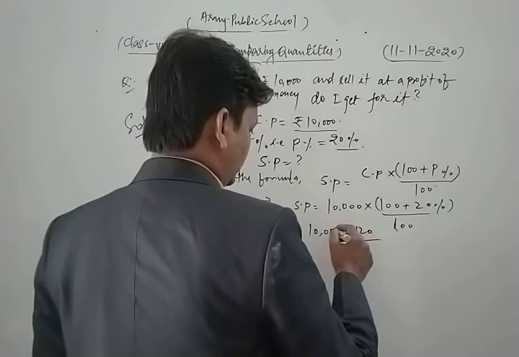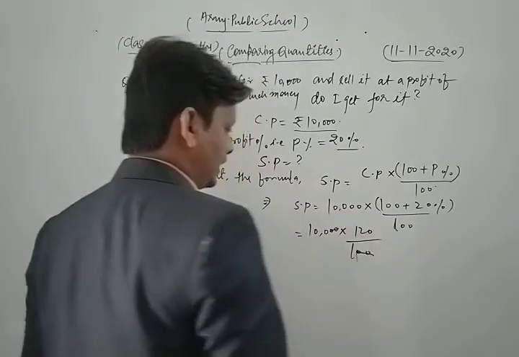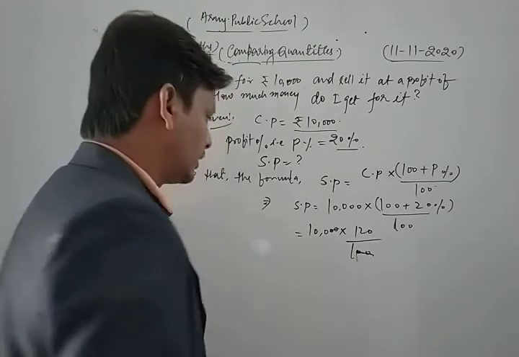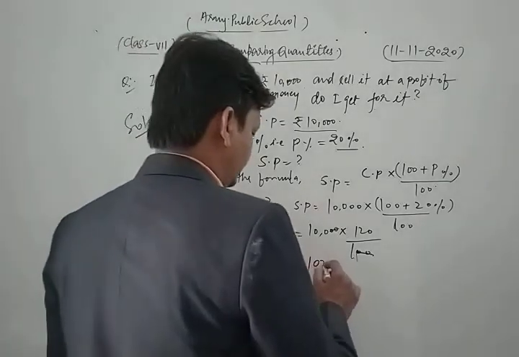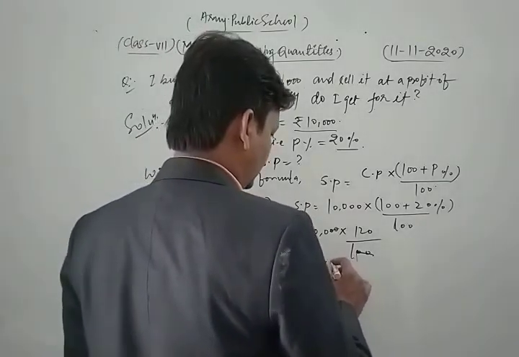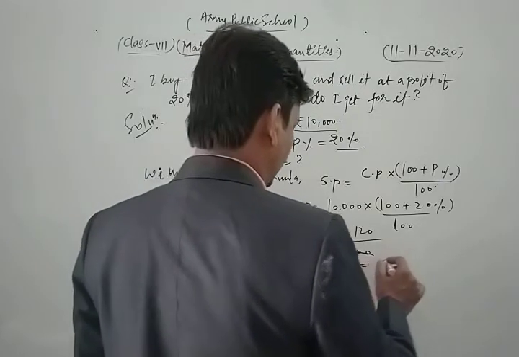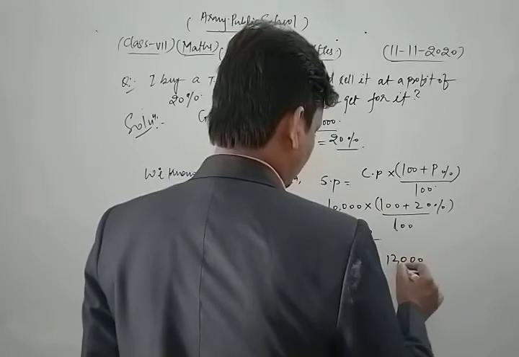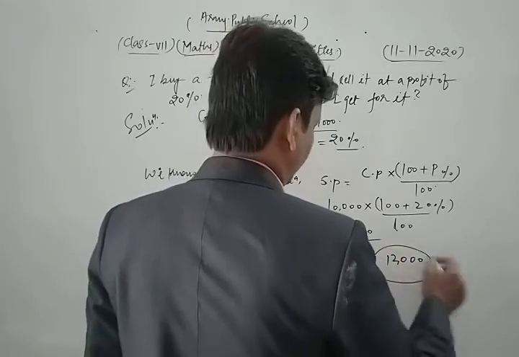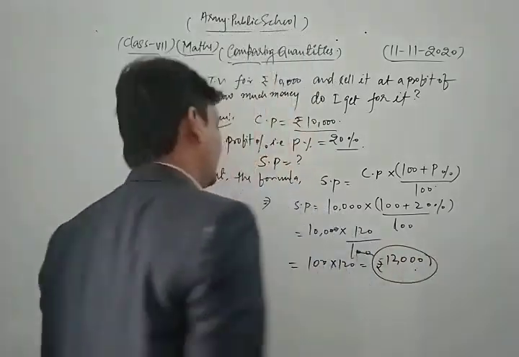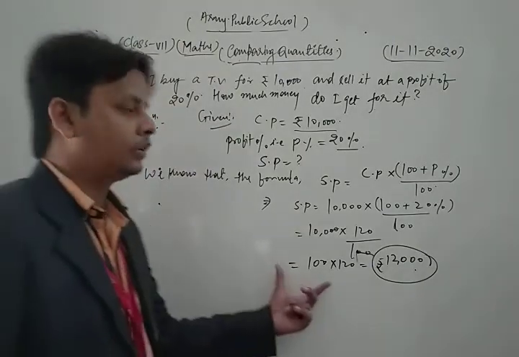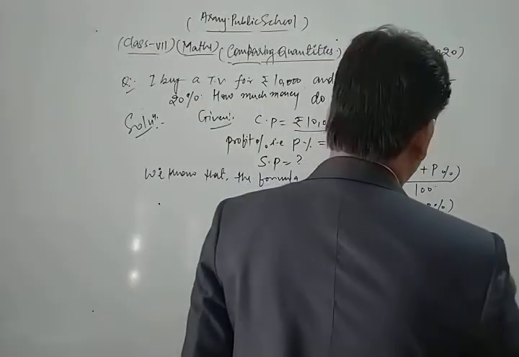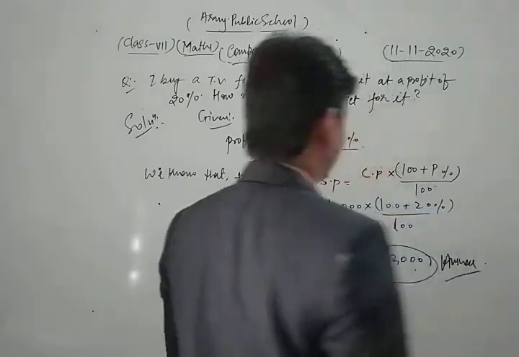The two zeros cancel each other, dear friends. So we get 100 into 120, which is 12,000 rupees. So the selling price for that TV is 12,000. This is the required solution of the given question.